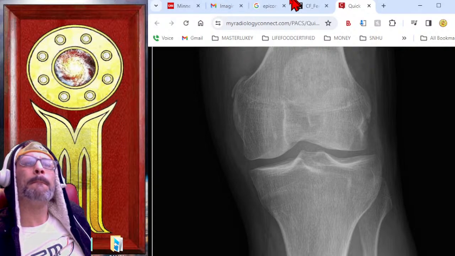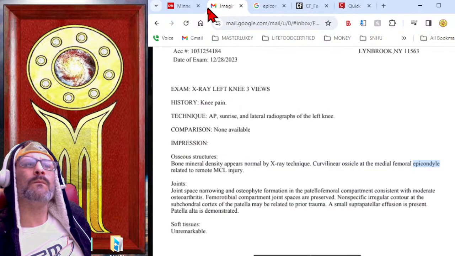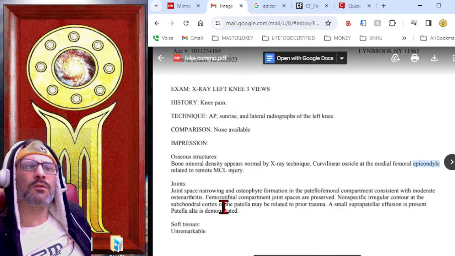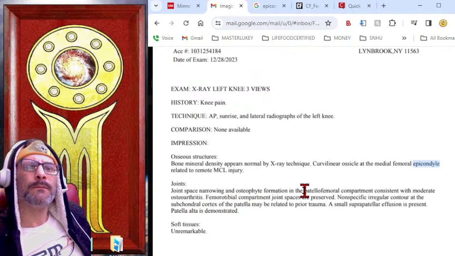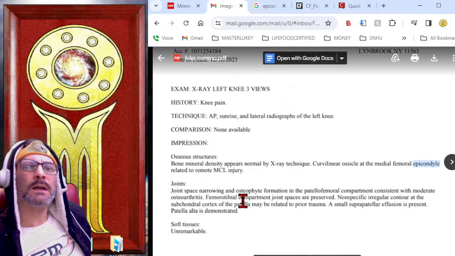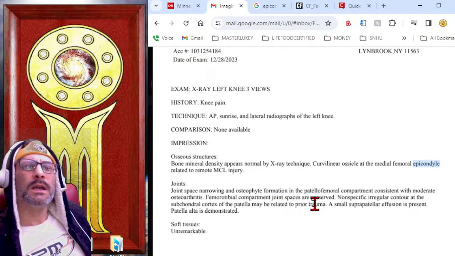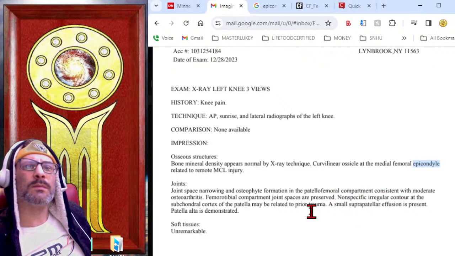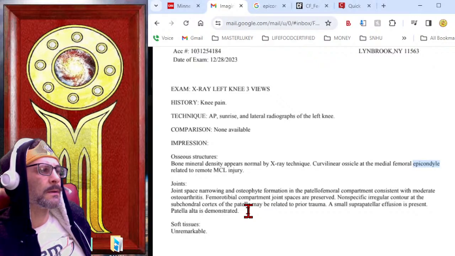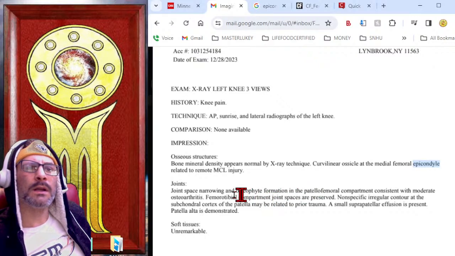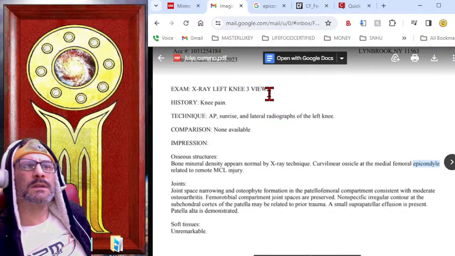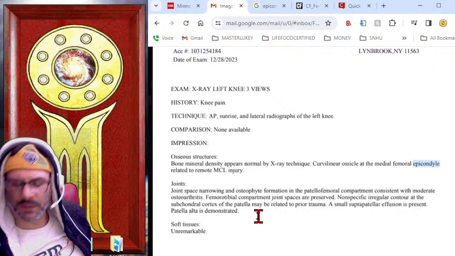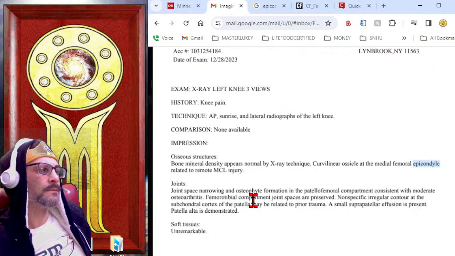Where was I? Joint space narrowing and osteophyte formation in the patellofemoral compartment, consistent with moderate osteoarthritis. MRI next. Yeah, I got a referral. This letter came with a referral for an ortho whatever, not an orthodontist.